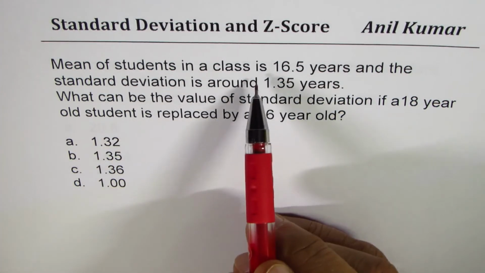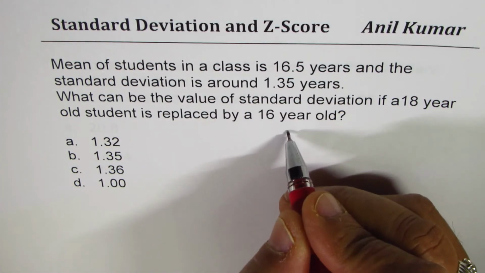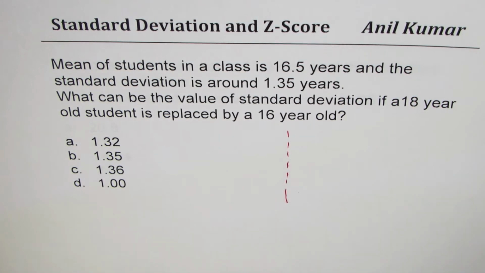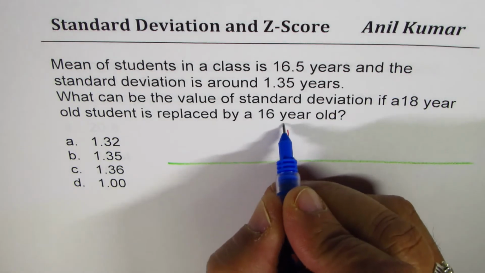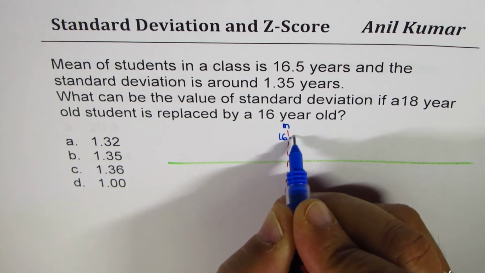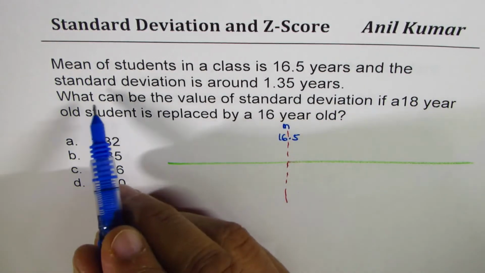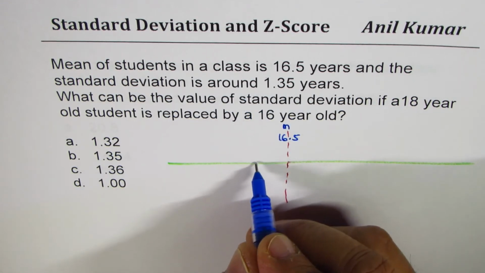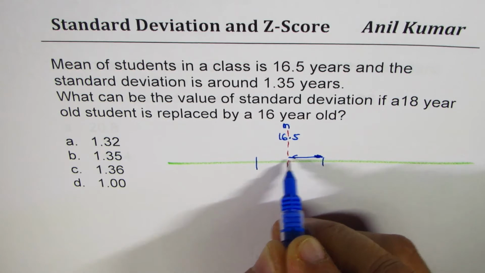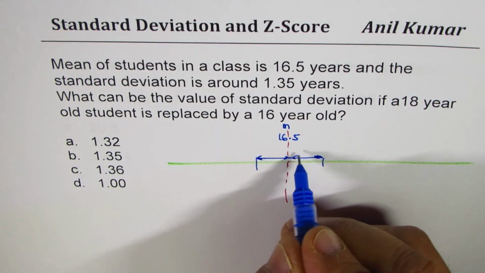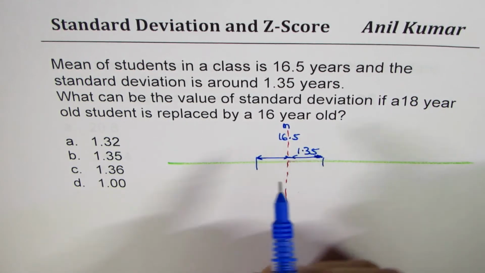The question here is, the mean of students in a class is 16.5 years. So again, we are working with the same value. Mean is 16.5 years and the standard deviation is around 1.35. So away we go, both sides, 1.35.